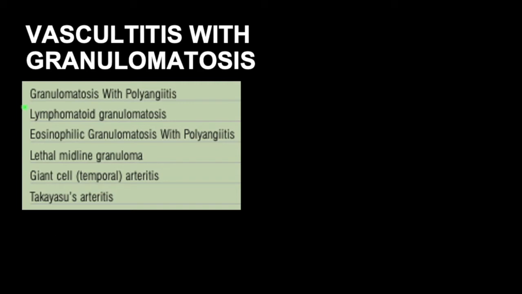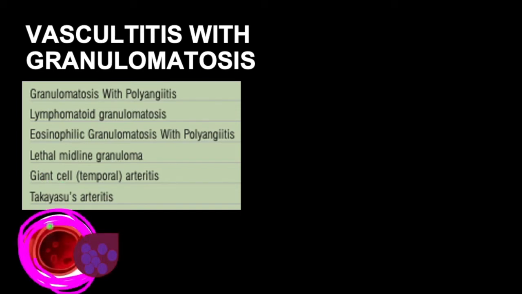So those, as we talked about when we discussed the consensus paper, are granulomatosis with polyangiitis, lymphomatoid granulomatosis, eosinophilic granulomatosis with polyangiitis, lethal midline granuloma, giant cell temporal arteritis, Takayasu arteritis.